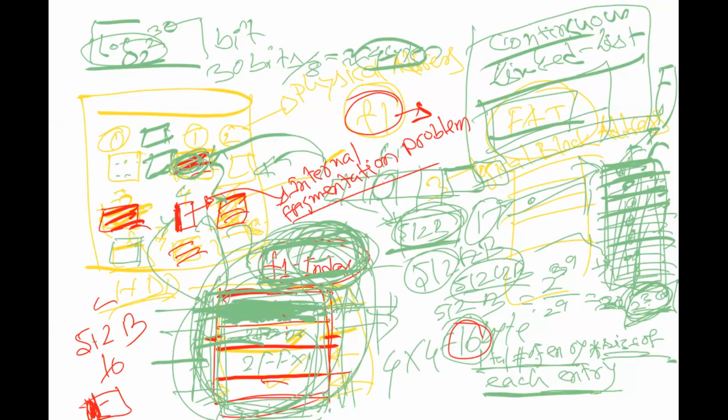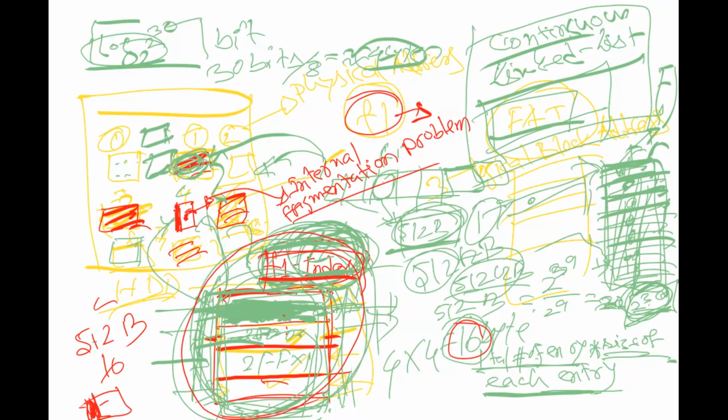Now let's see. It is fine if this index file size is less than a block size, but then there will be some internal fragmentation problem. But what if this file index size is greater than the block size?